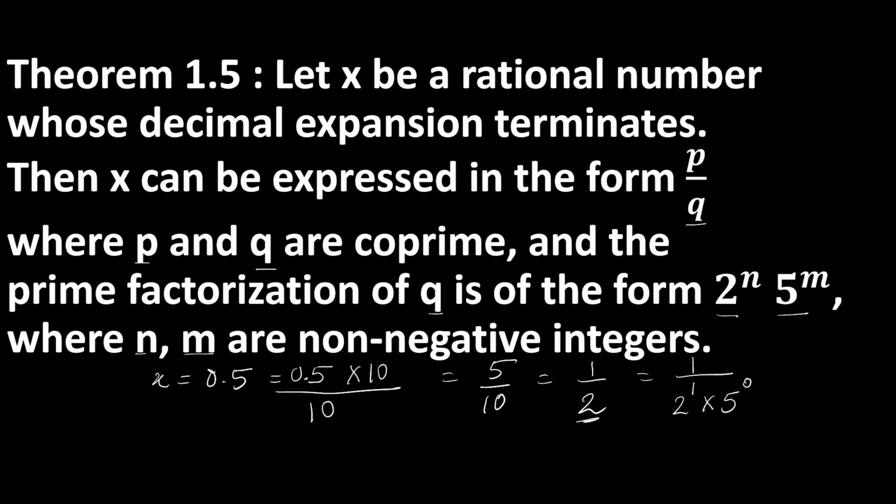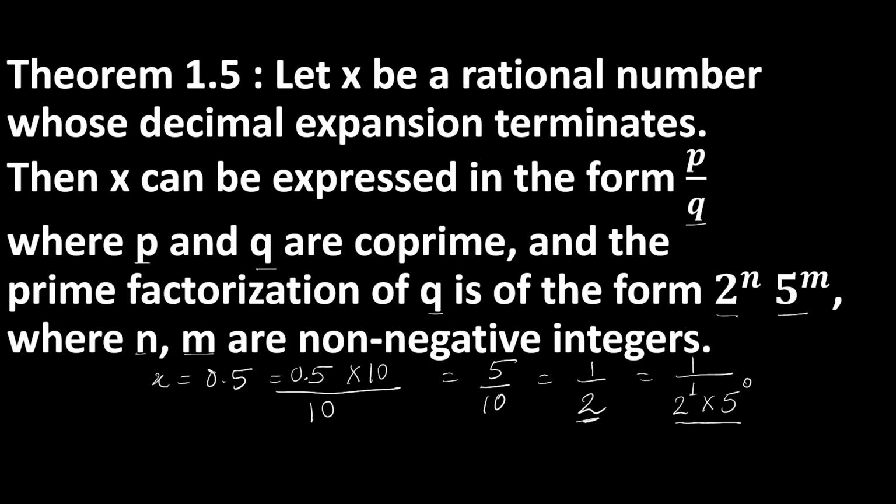If you have a decimal expansion which is terminating, then that number can be written in the form of p by q, where p and q are co-prime. You can observe in 1 by 2, 1 and 2 are co-prime because they do not have any other common factor apart from 1, right? As well as the denominator q will be of the form 2 raised to n into 5 raised to m, where n and m are non-negative integers.